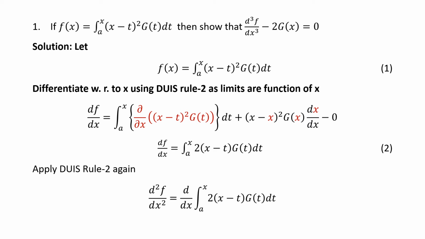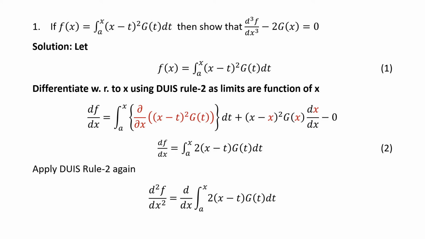So first we will let f of x be equal to the integral from a to x of (x minus t) whole square g of t dt. Before starting, first we have to identify which one is our variable of integration, second, we have to identify the parameter, and third, we have to find the constant.